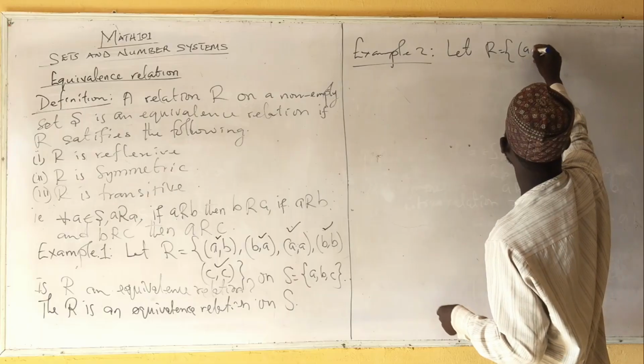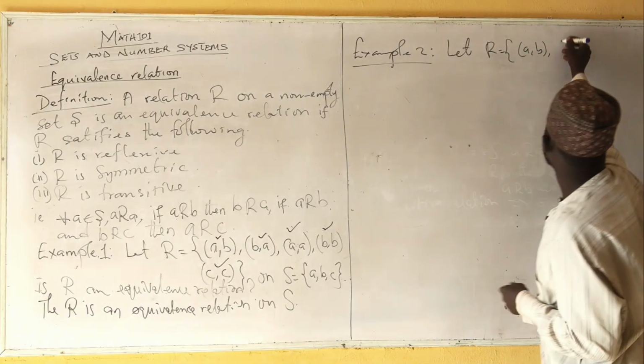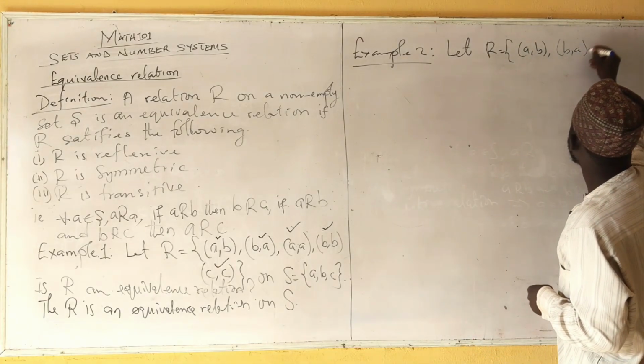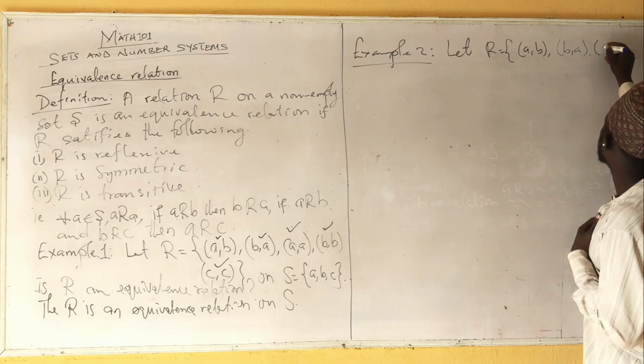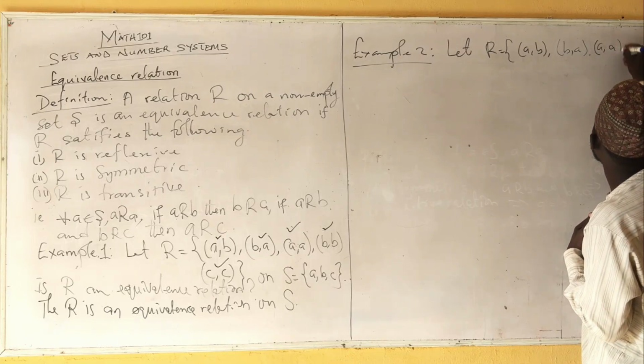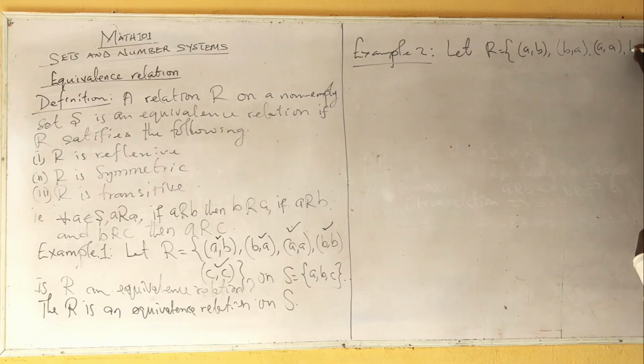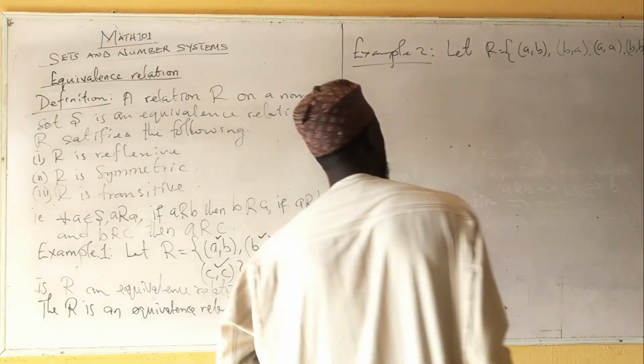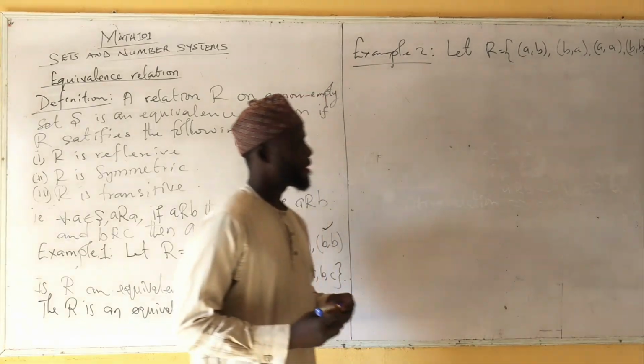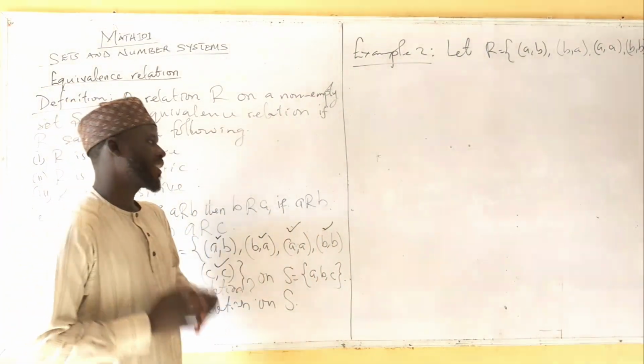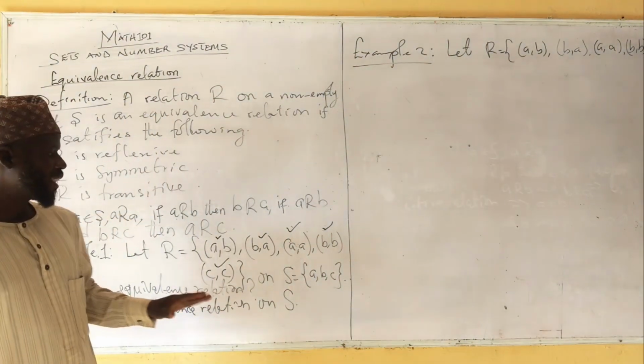We have A is related to B, B is related to A, and we have A is related to A, and we have B is related to B. This is also an equivalence relation on the set S. Look at it.